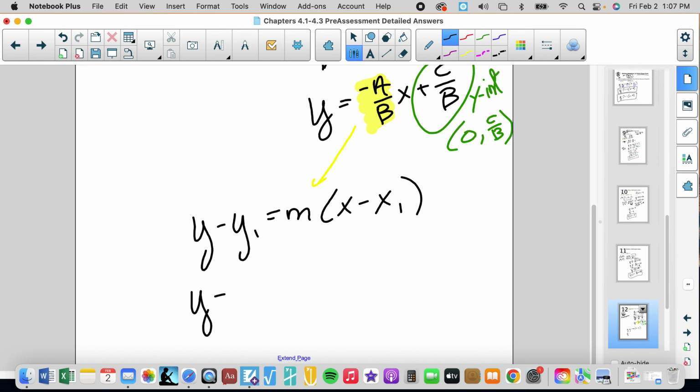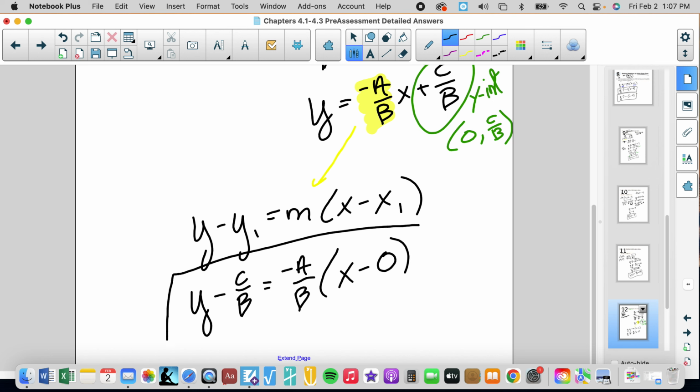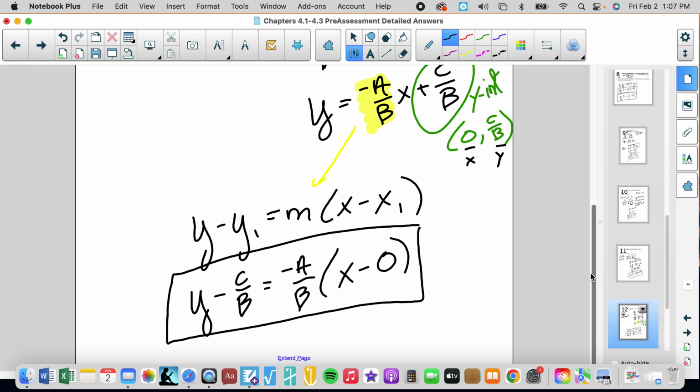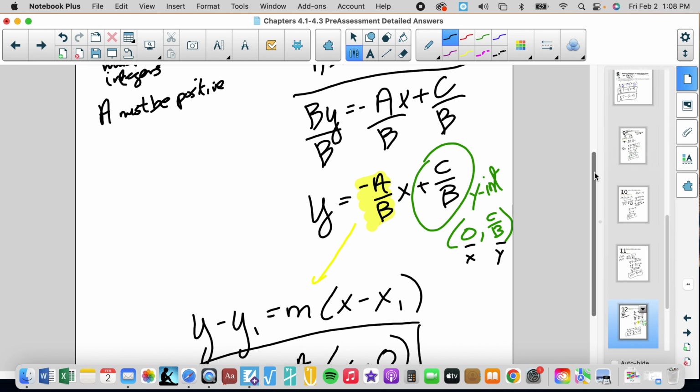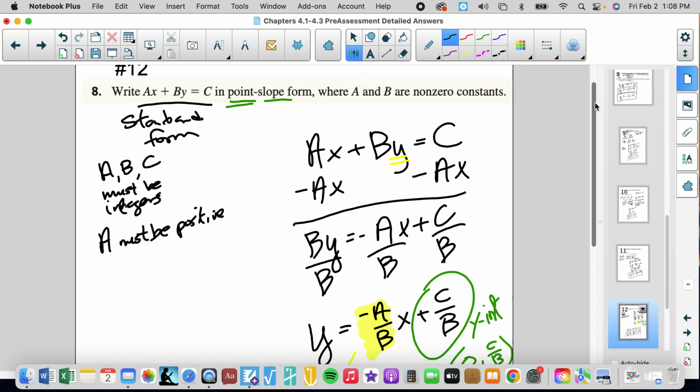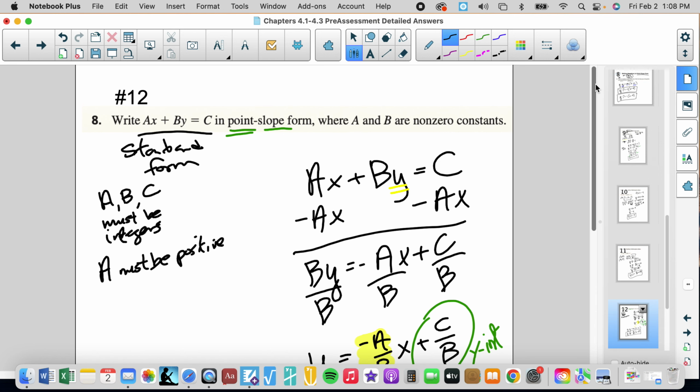So it's y minus C/B equals negative A over B times the quantity x minus 0, because that's what my x value and my y value would be. Now, they say in the beginning, A and B are non-zero constants. Well, we know B can't be 0 because it's in the denominator. A technically could be. Nowhere is A in the denominator, and you can have 0. So I'm not sure why they included A in there also, but that's a fun one.